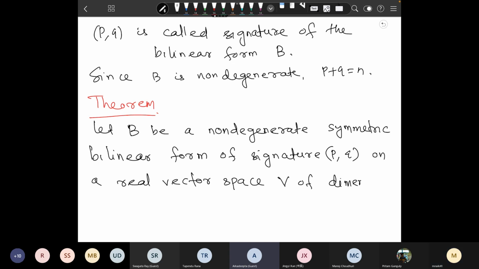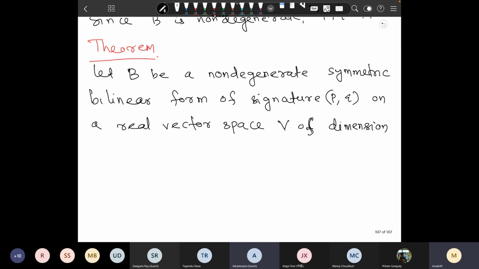Since I am assuming this is non-degenerate, the dimension will be P plus Q. Then there will exist a basis, an unordered basis.